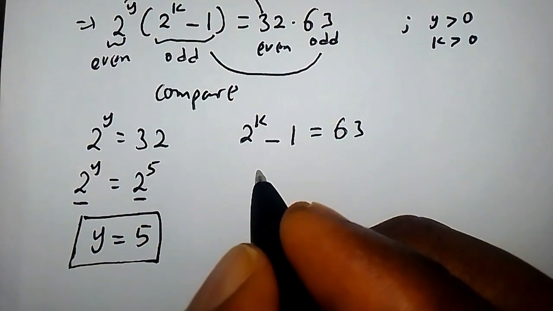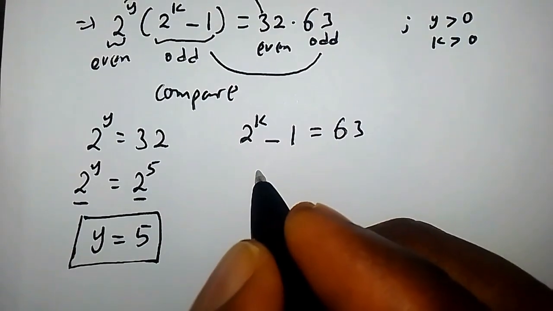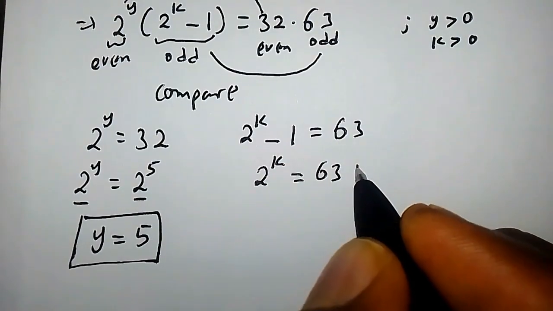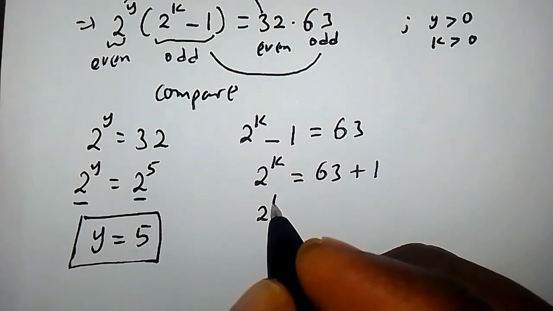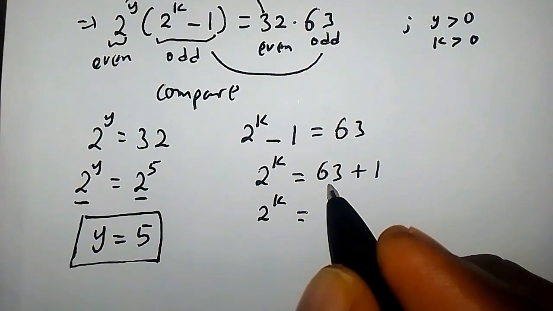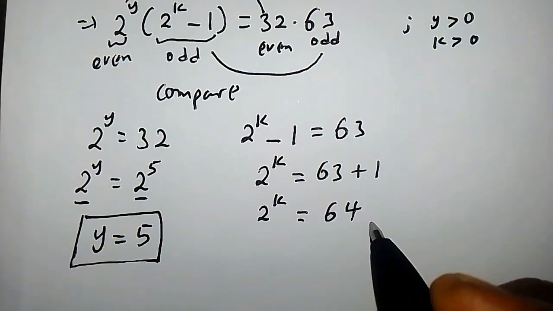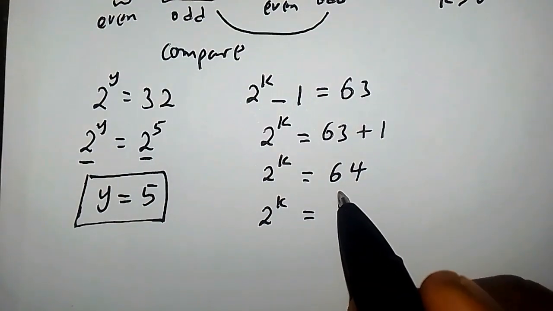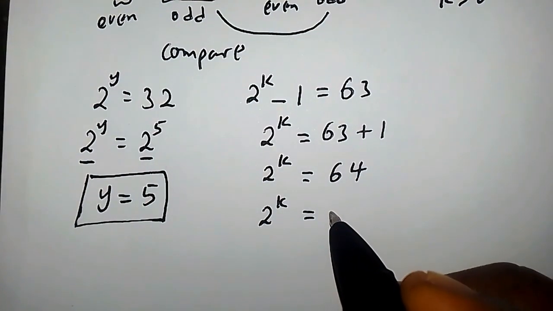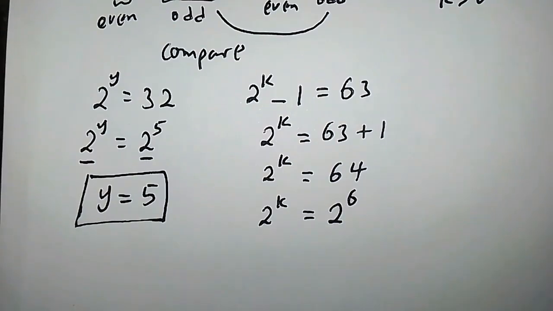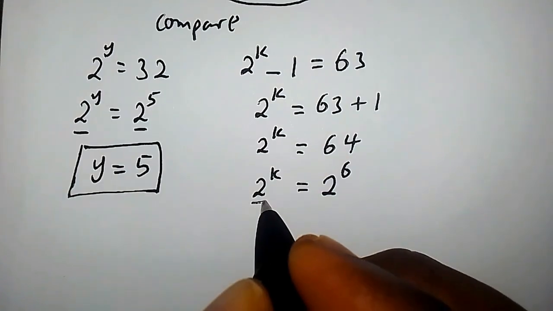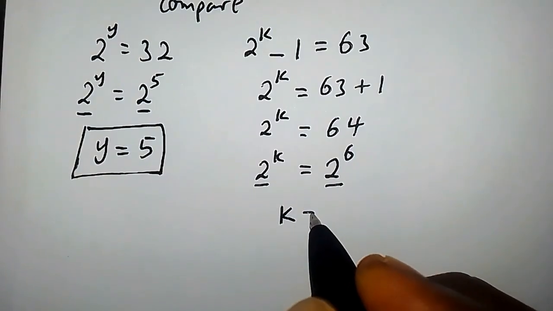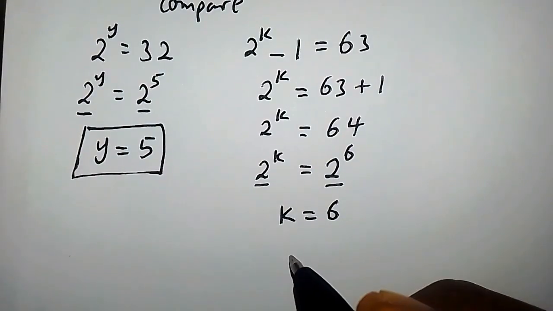From this line, move minus 1 to the right hand side. 2 raised to k is equal to 63 plus 1, 64. 64 could be written as 2 to the power of 6. Since the base is also the same, the power must be equal. k is equal to 6.